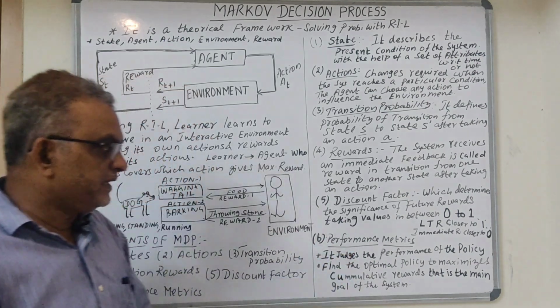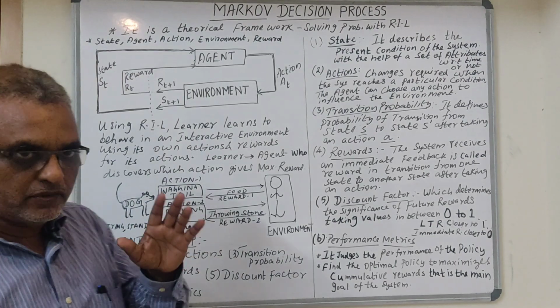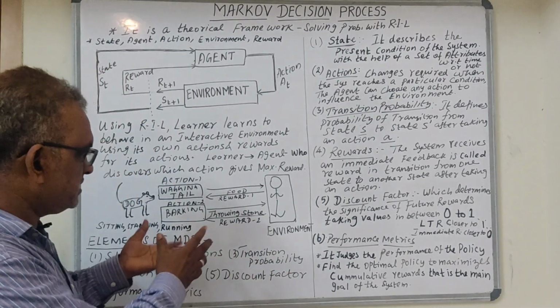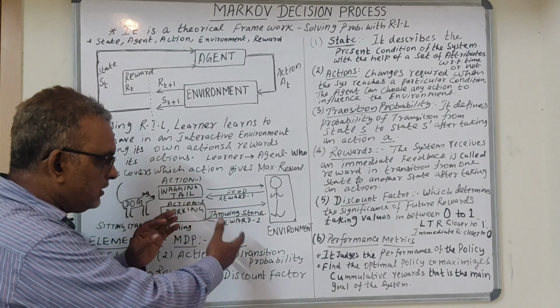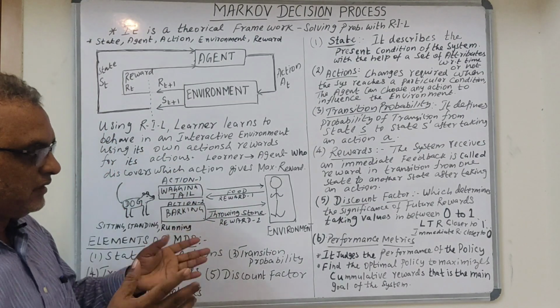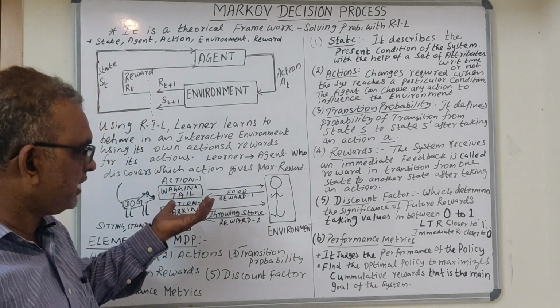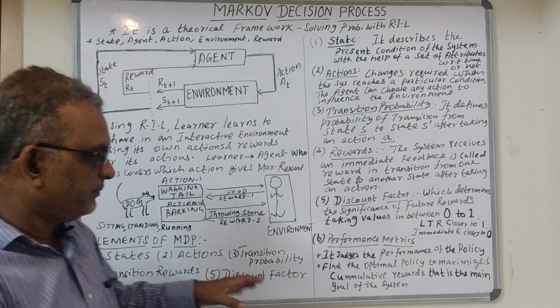Last one, performance metrics. Basically the system judges the performance of the policy. What kind of policy? Like giving food as a reward and throwing the stone, the different actions. So the policy depends upon, for what type of action, what type of reward should be given. So that is the policy.